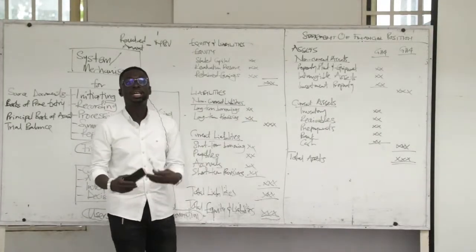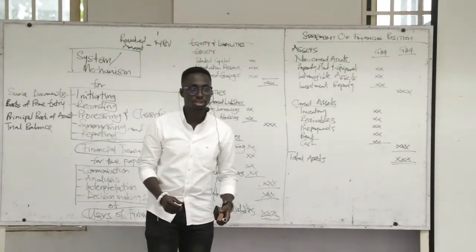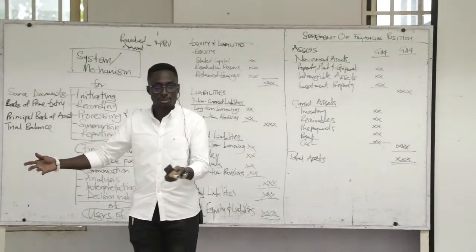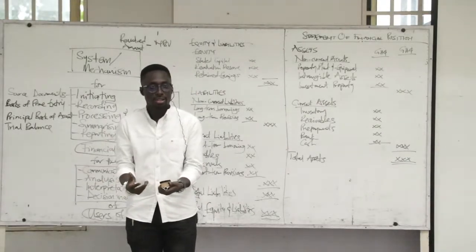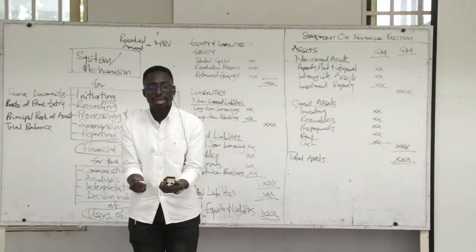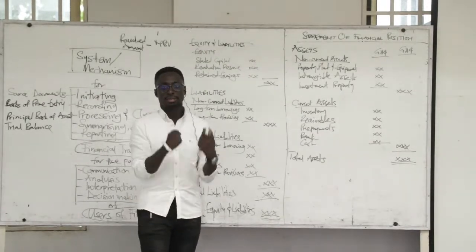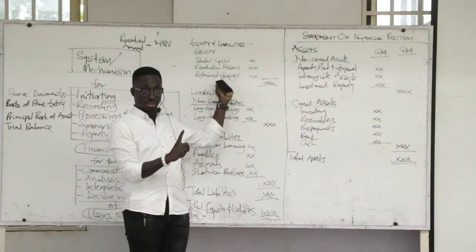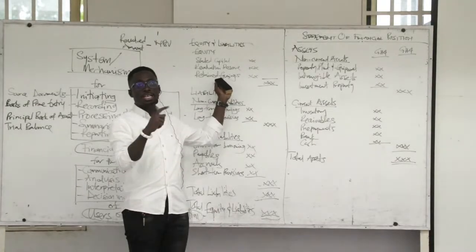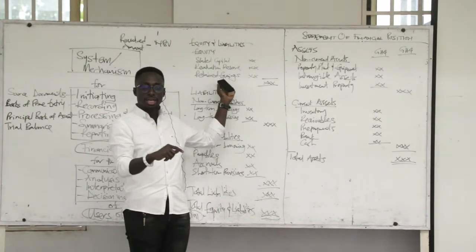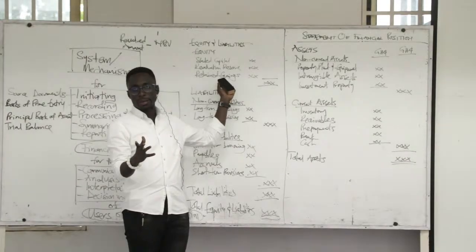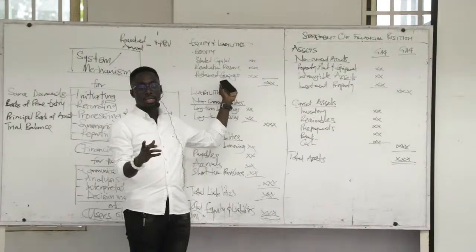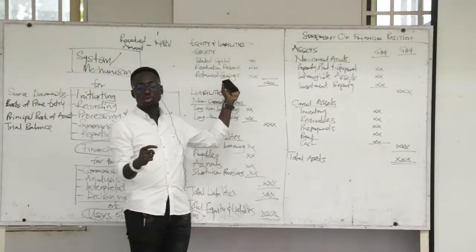It's called retained earnings because you have made those earnings less of expenses, and so your profits will come and sit with the company. A further reason why it is retained earnings is because ordinarily, when a company makes profits, what does it pay out to its shareholders?